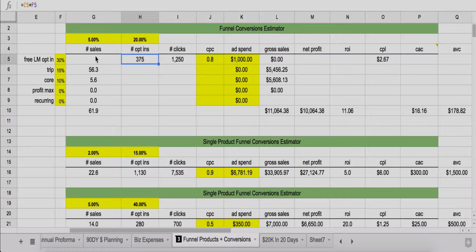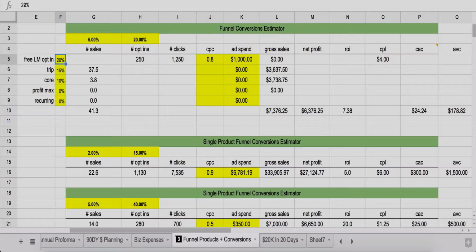Here you're not selling anything, so I left that blank, and because you're not selling anything, there's no gross sales. But what you'd be paying is $2.67 per opt-in.